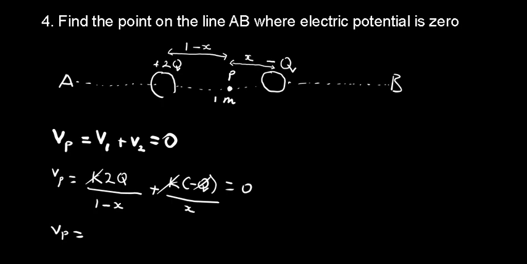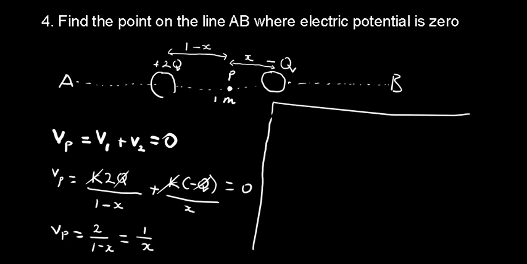We're now going to have 2 over 1 minus X is equal to 1 over X. All right, so let's continue from here. So we are now going to have 2X equal to 1 minus X by cross multiplying here.